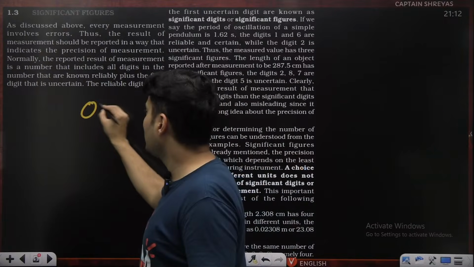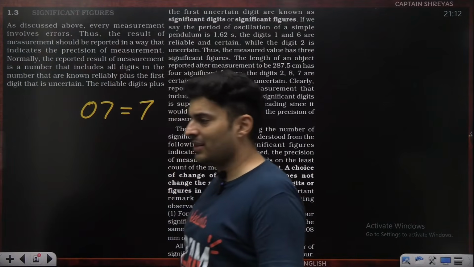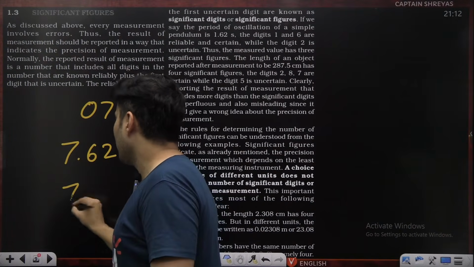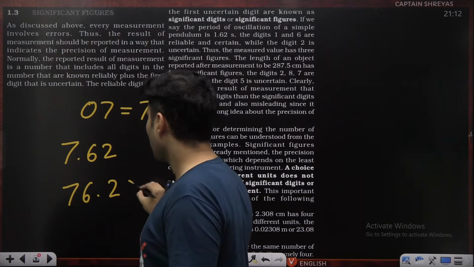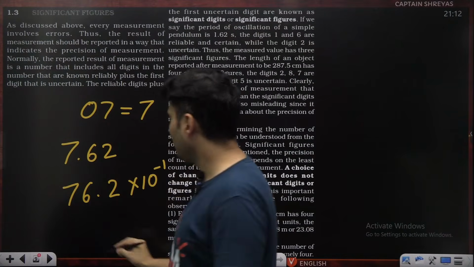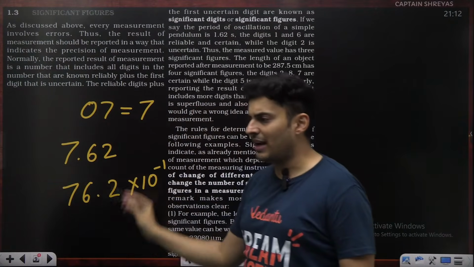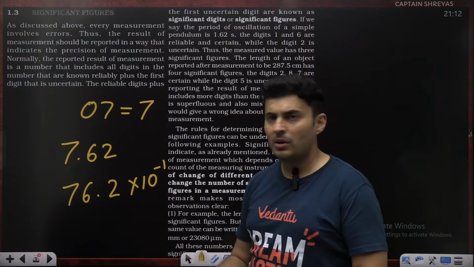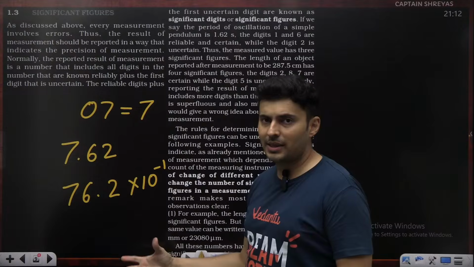Writing 07 is same as writing 7. Writing 7.62 or 76.2 into 10 to the power minus 1, I have not changed much of the values. This power of 10 did not really affect the value of this number nor its accuracy.